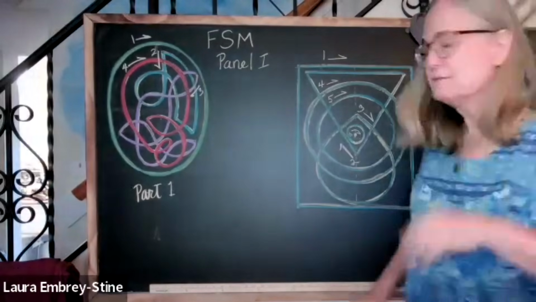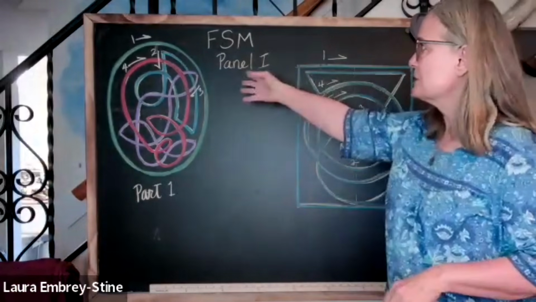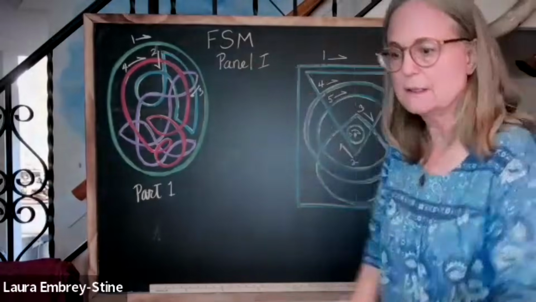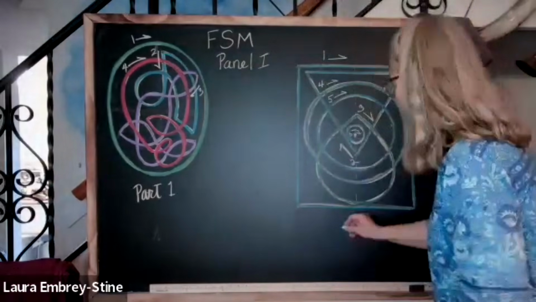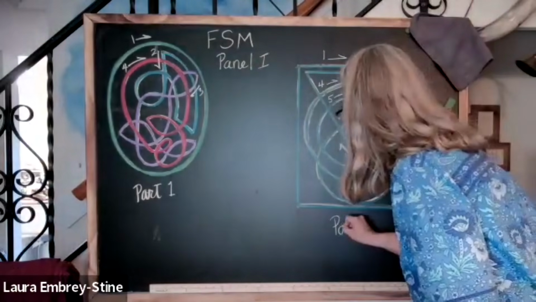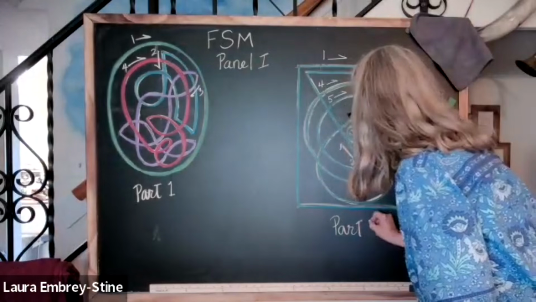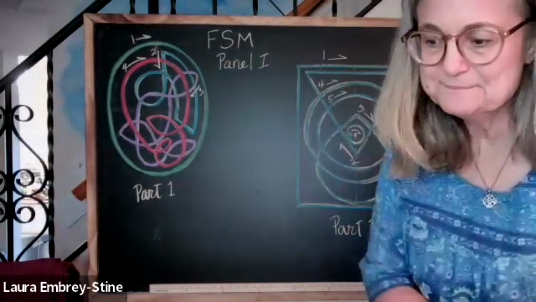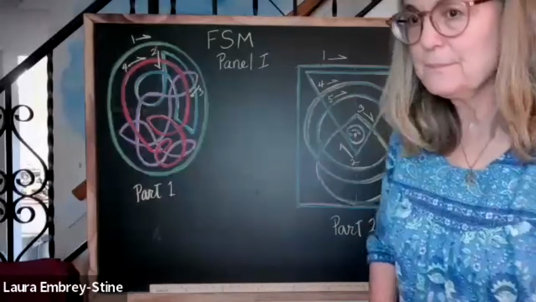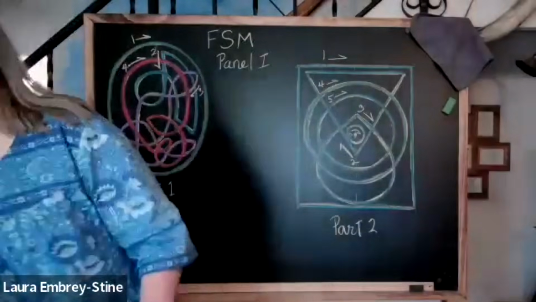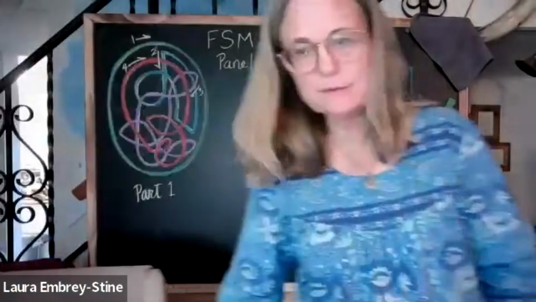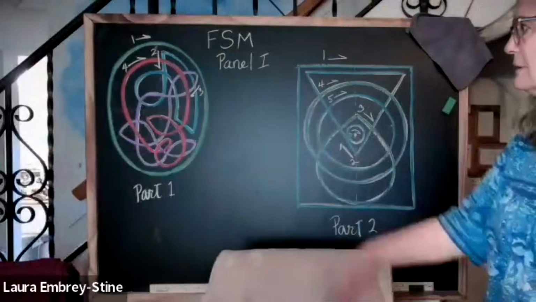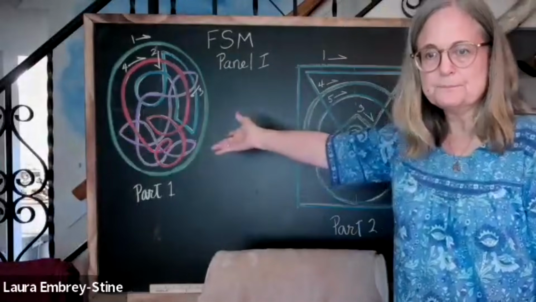So here we have the Foundation Stone Meditation, Panel 1. This is part 1, and here is part 2. Part 2 of Panel 1. Notice that I put different colors on the first one we did.